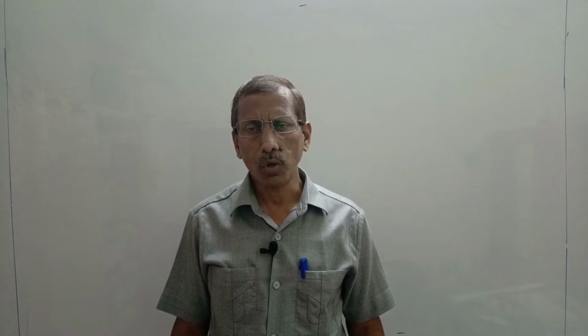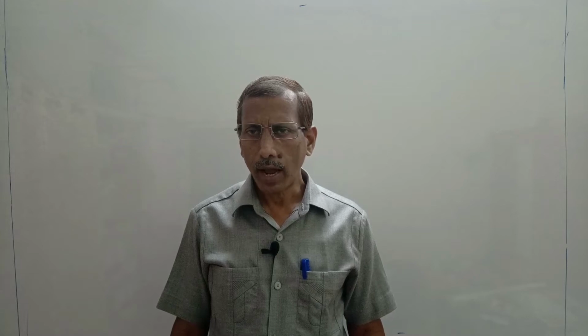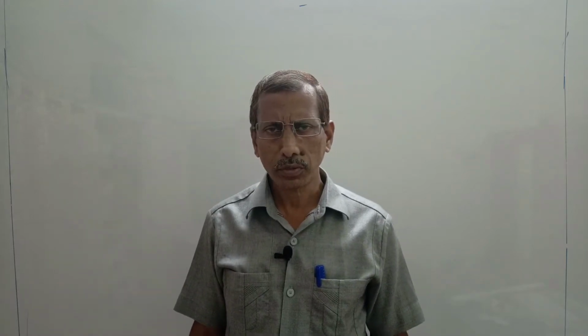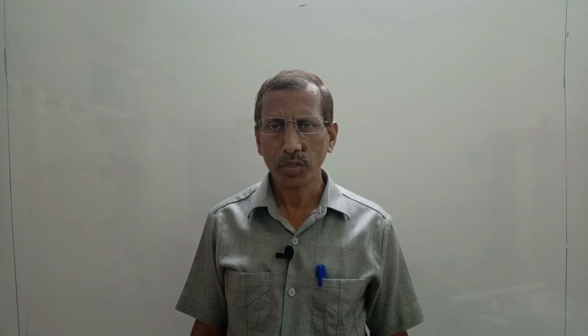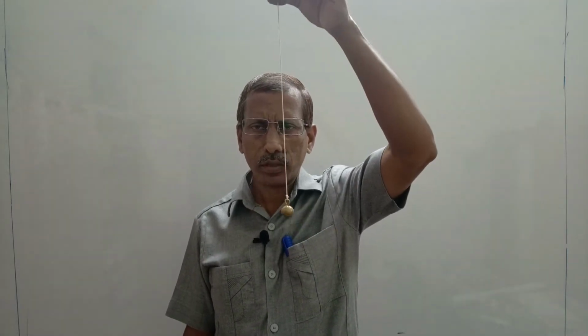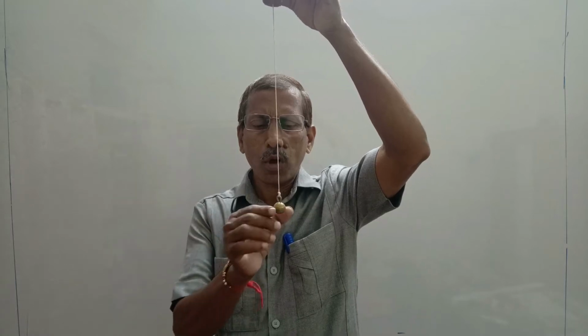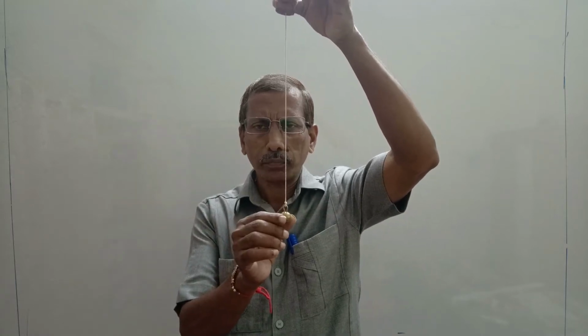In the last lecture, we studied free harmonic oscillations and damped harmonic oscillations. In case of free harmonic oscillations, we considered the example of a simple pendulum. This simple pendulum is here. This bob is in equilibrium position.